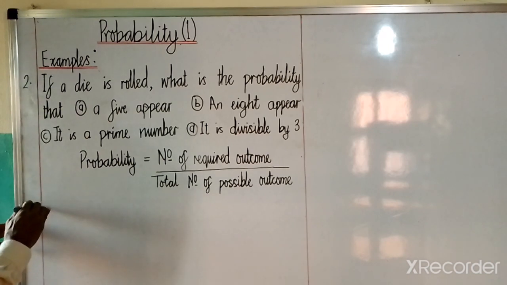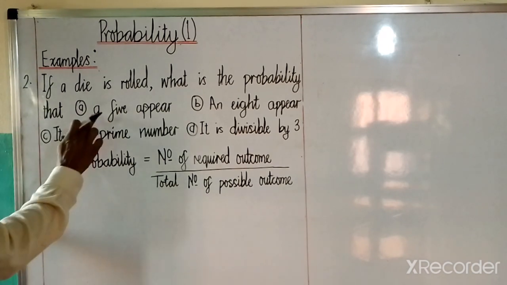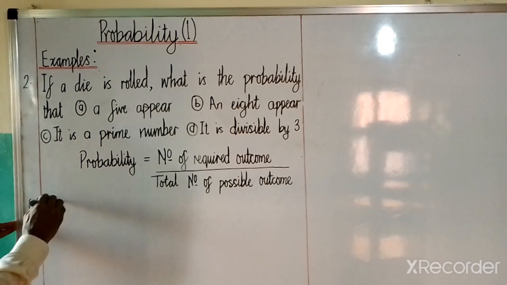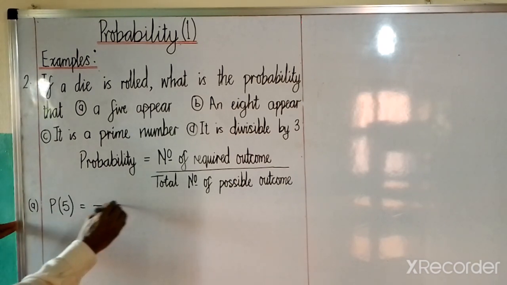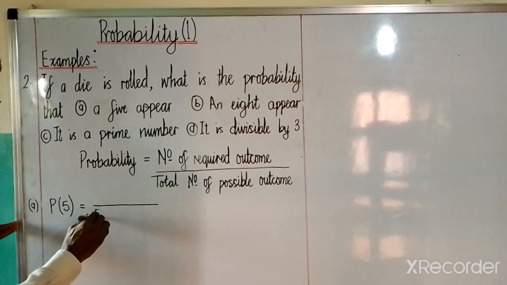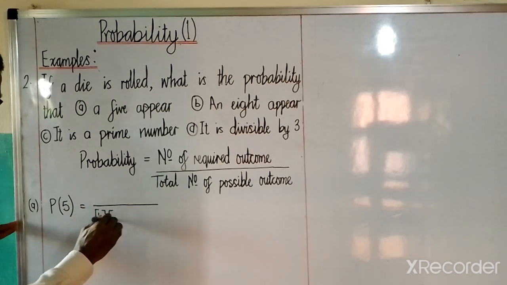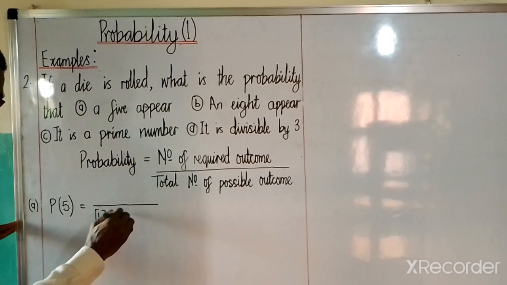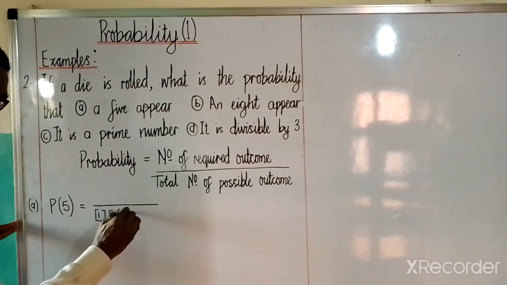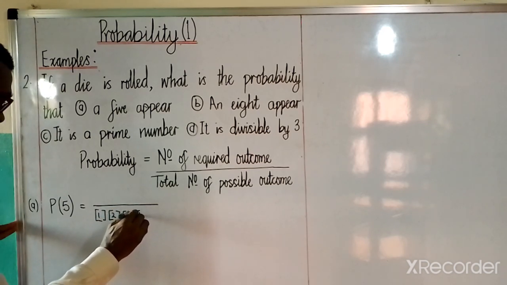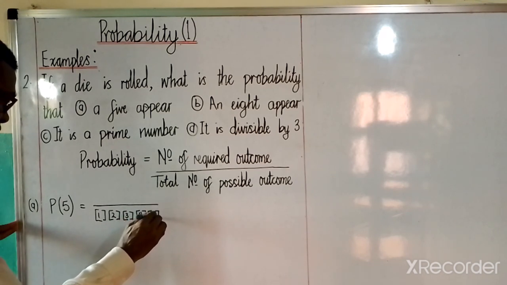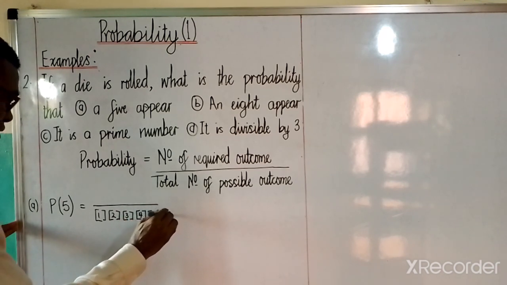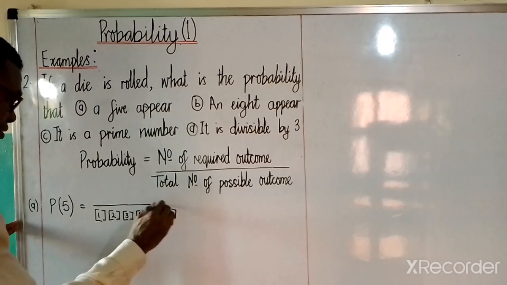For A, we say a 5 appears. So remember, we could get a 1, a 2, a 3, a 4, a 5, and a 6 for any die.